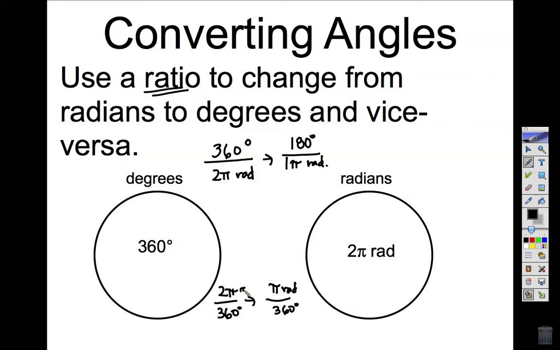And I forgot to put radians right here. So this and this are the main ones that I use, and they are derived from this. There is nothing wrong with starting off with either of these two fractions or ratios to convert.